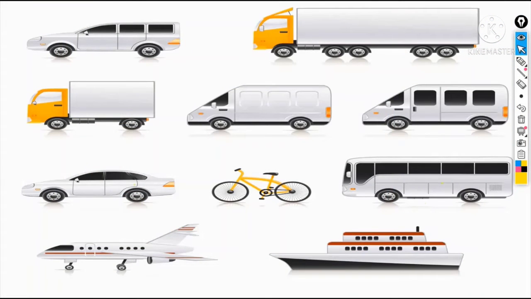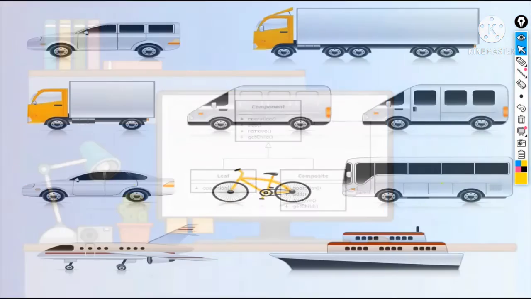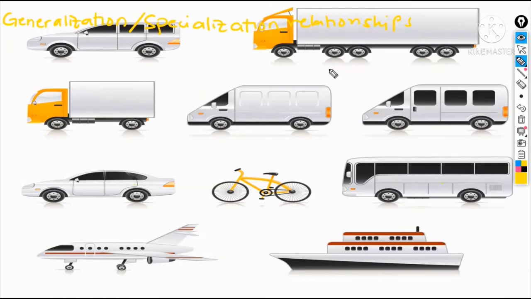So generalization or specialization relationships are based on the idea that people classify things in terms of similarities and differences.